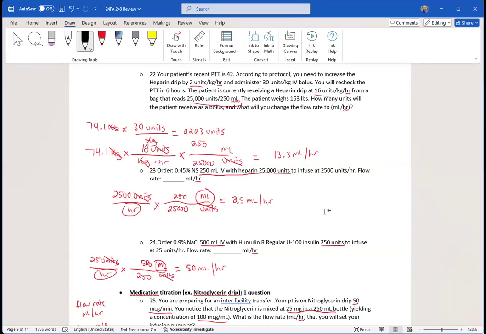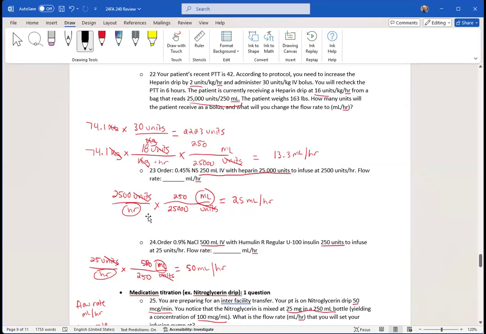The reason I write these out, for those of you who haven't worked with me before, is because it gives you an idea of how to structure these things. If I tell you that I just do it in my head, I feel like that doesn't help you out at all. And if you ever get stuck or if you're putting the numbers inconsistently in the wrong place, I just want to make sure you see the methodology. If they gave me milliliters per hour and they wanted units per hour, I could actually work this problem the exact same way.